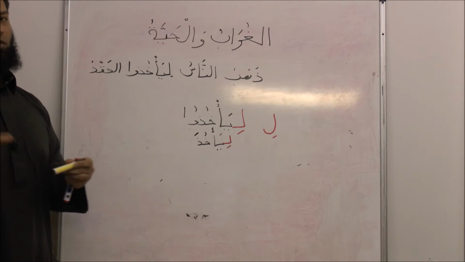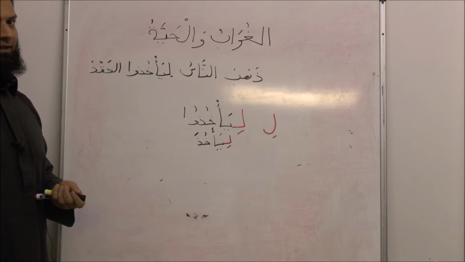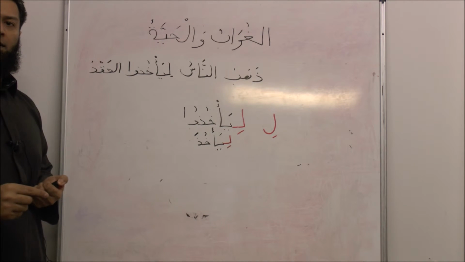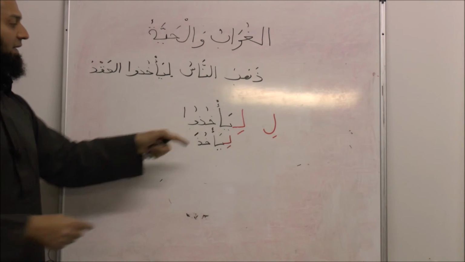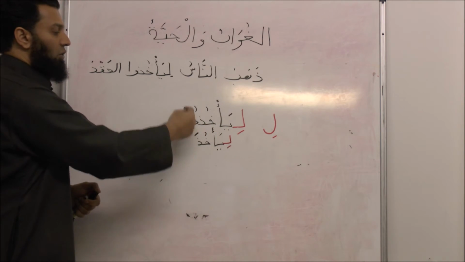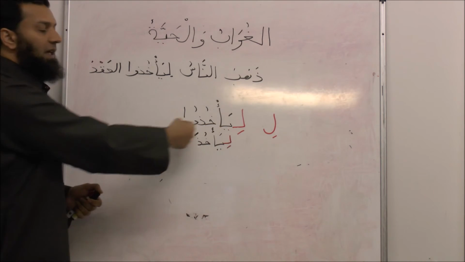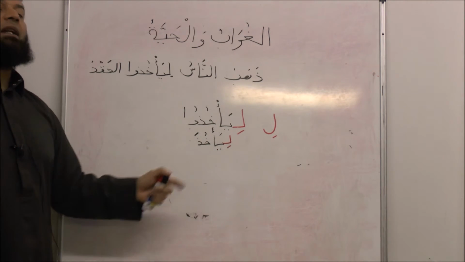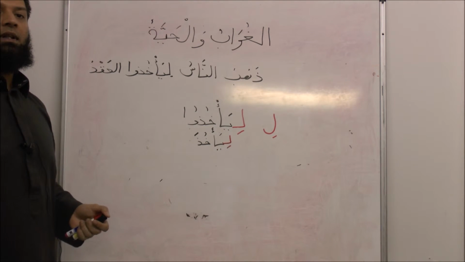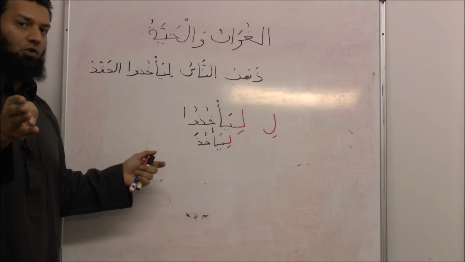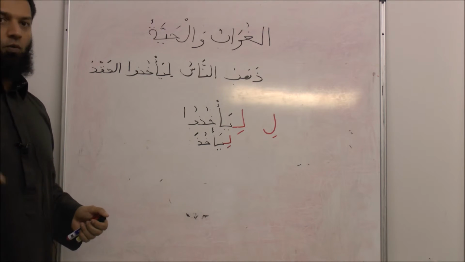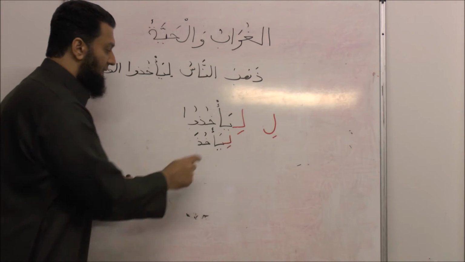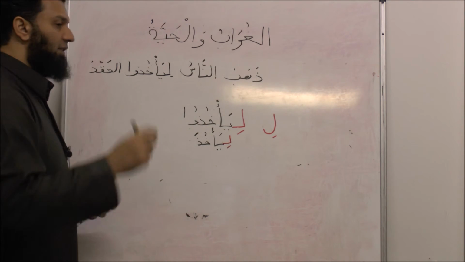You'll see this a lot in the Quran. So if it's plural, you drop the noon and add the alif, and it becomes liya'khudu. If it's singular, it becomes liya'khudha, the normal mansoobun state that you recognize. So that's the plural, that's the singular.